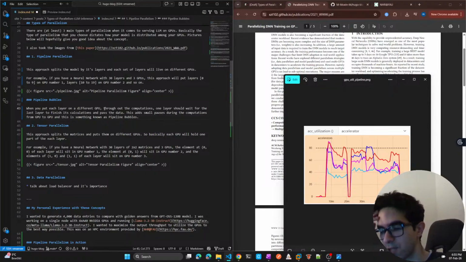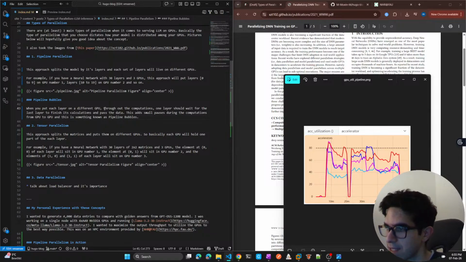Basically you pass the data to your first layer, which sits on GPU number 1, so GPU number 2 doesn't have any data and waits for GPU number 1 to finish.